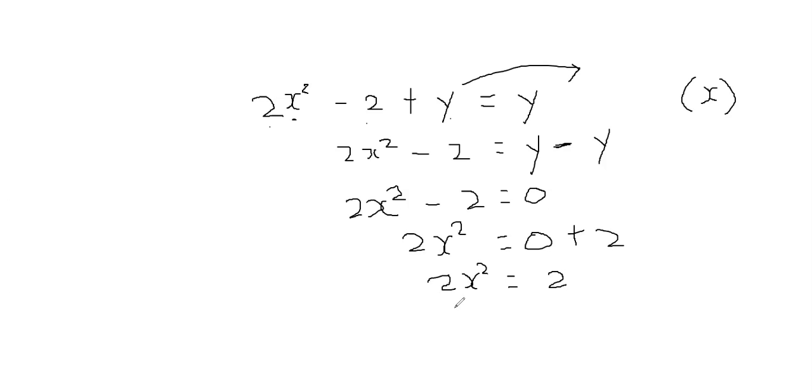This 2 is multiplying, so when it goes over, it becomes the denominator, so it divides. So 2 divided by 2 will give us 1.